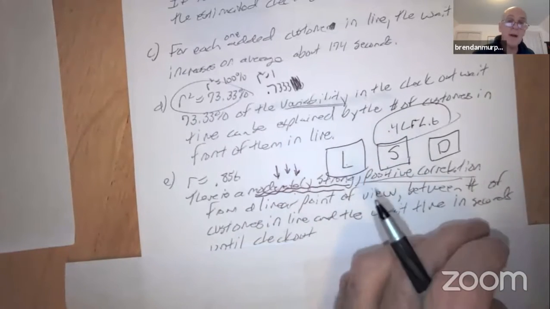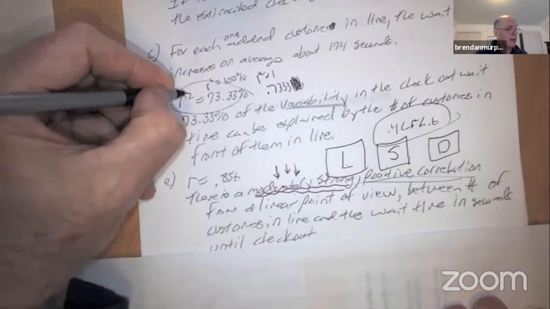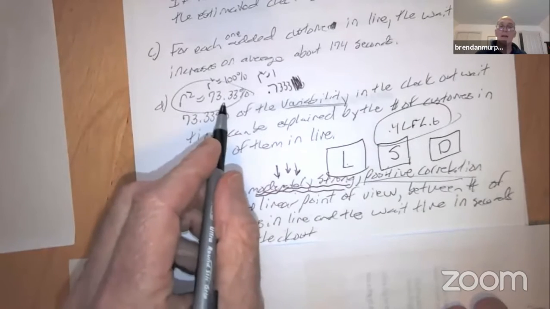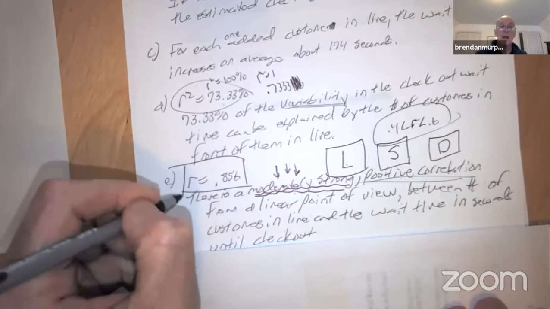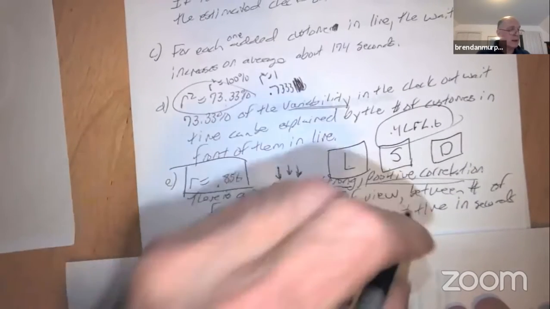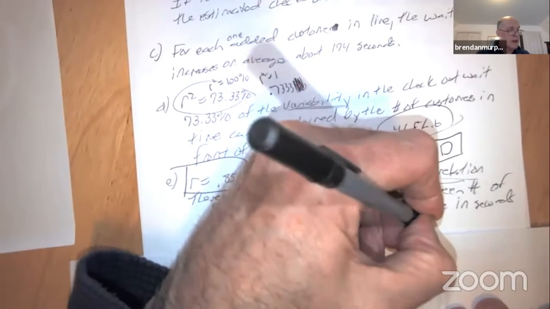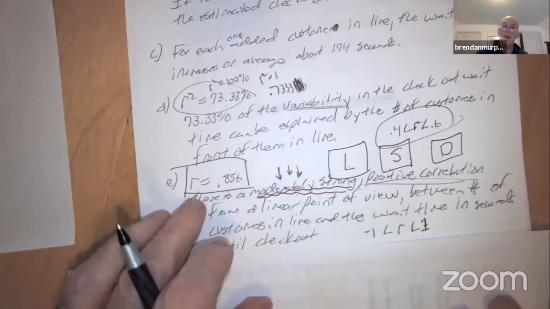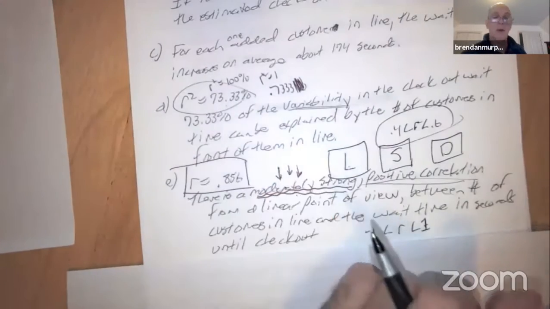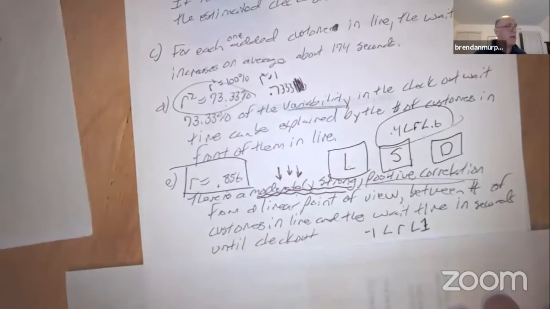Now be careful. Your calculator, when you take the square root of that, will always give you the positive r value. Well, r could be negative, right? r is always between +1 and -1, and your calculator can't give you that negative square root. So I had to go back and look at my data.